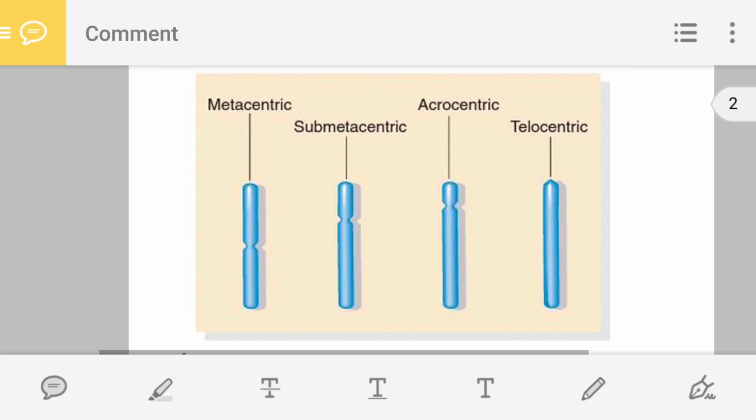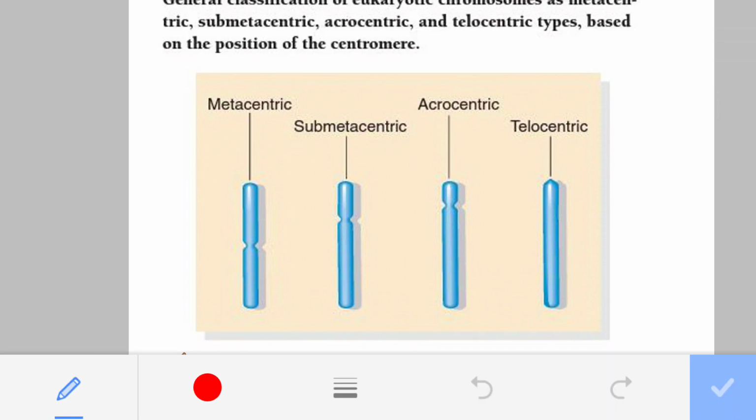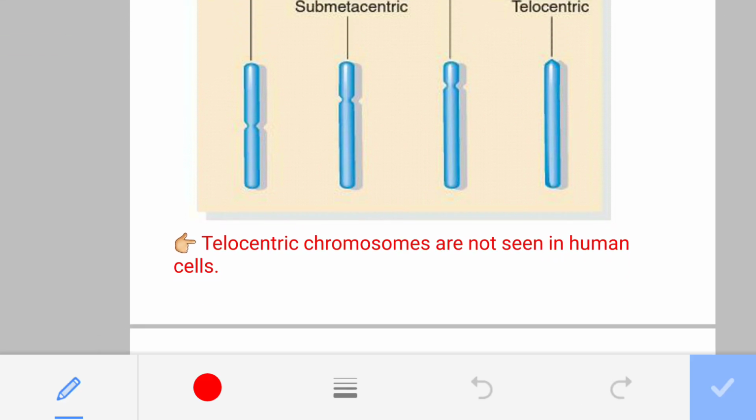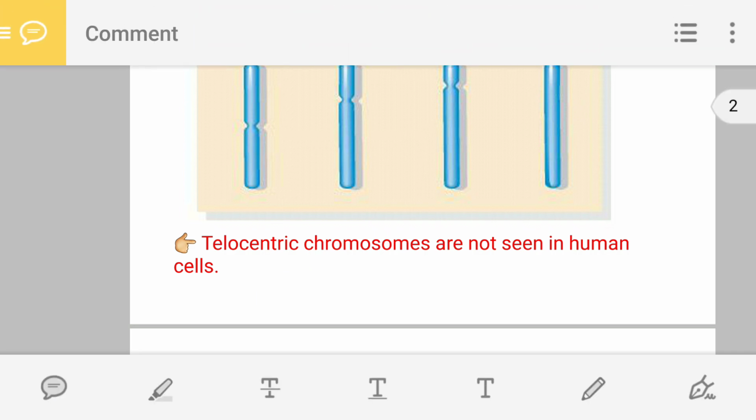For example, in this figure, as you can see, there are four types of chromosome: metacentric, submetacentric, acrocentric, and telocentric. But one thing that we have to note is that in humans, telocentric chromosomes are absent. So the telocentric chromosomes are not seen in human cells.